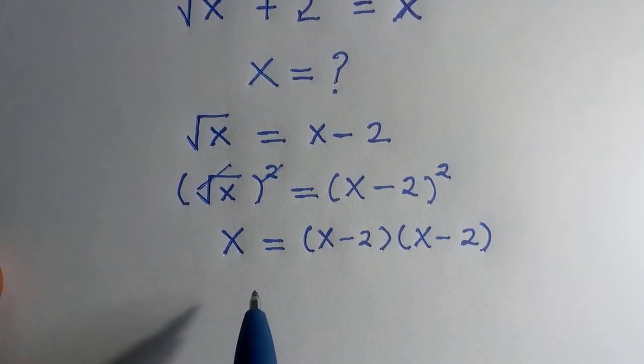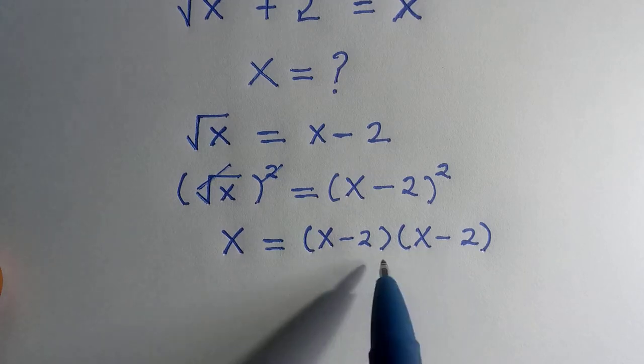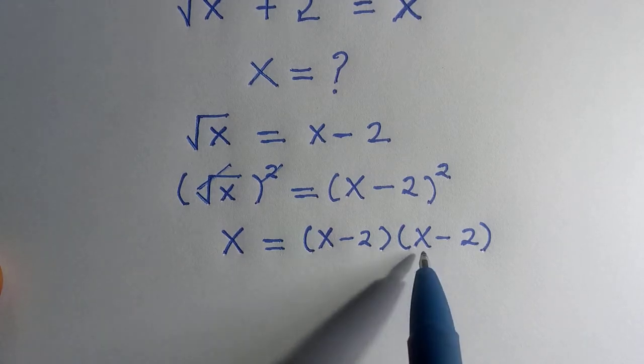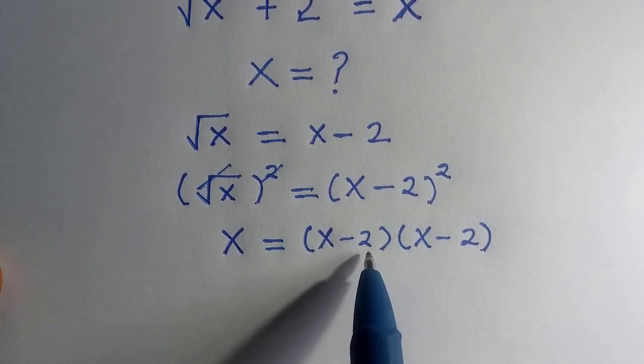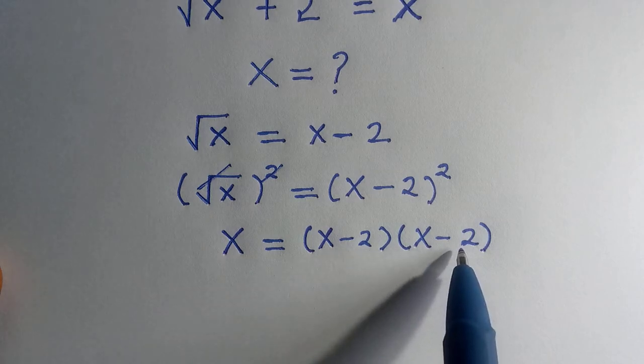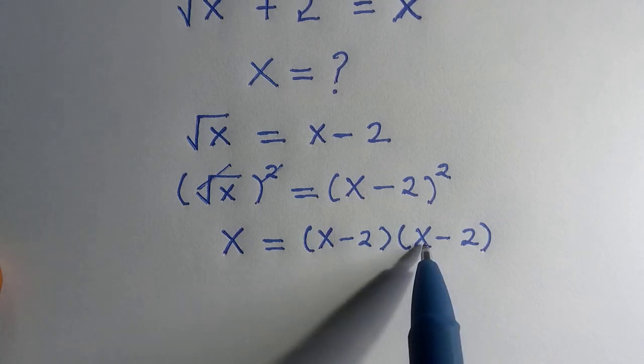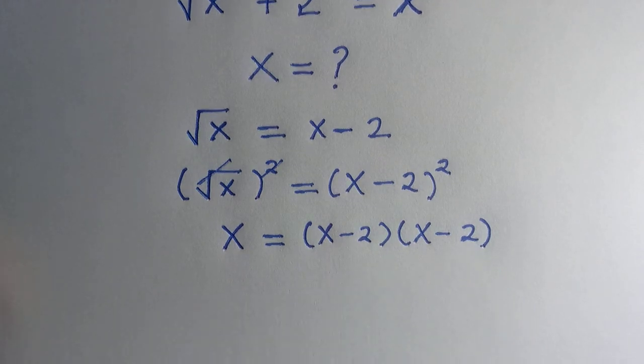Next, let's expand this one. We multiply x by x, and we also multiply x by minus 2. We multiply this one by this and this one by this.